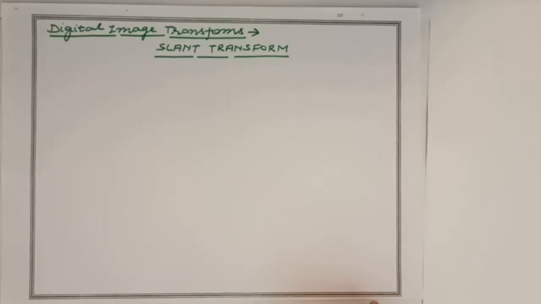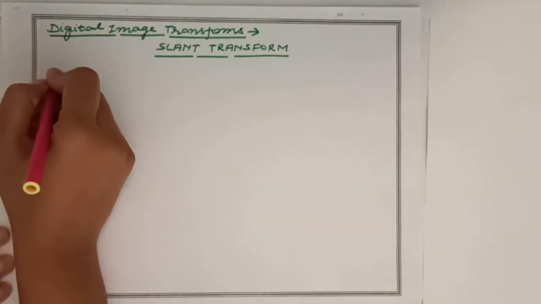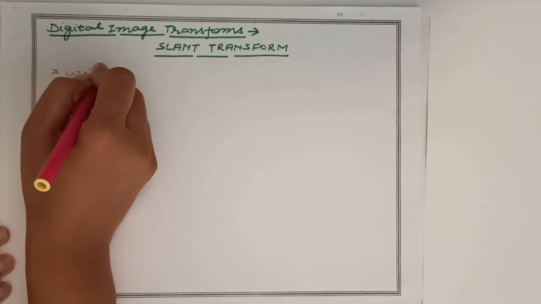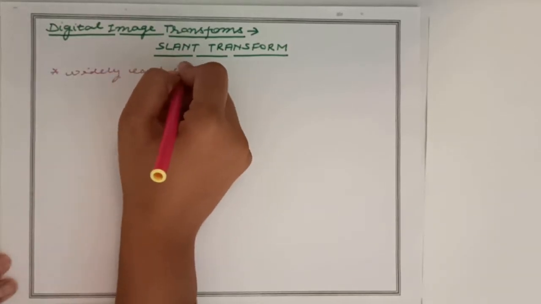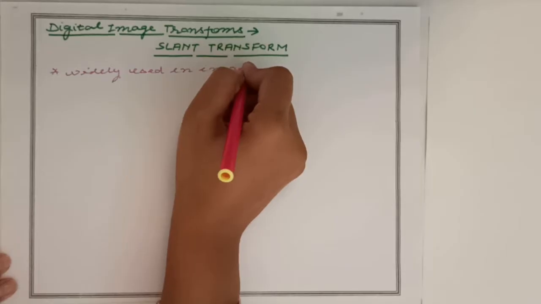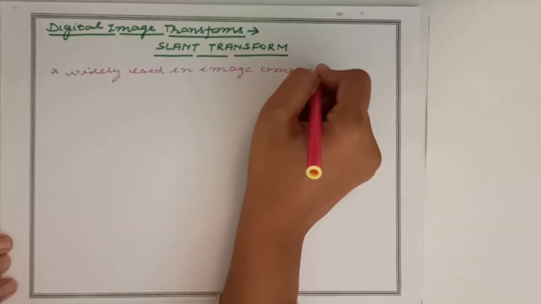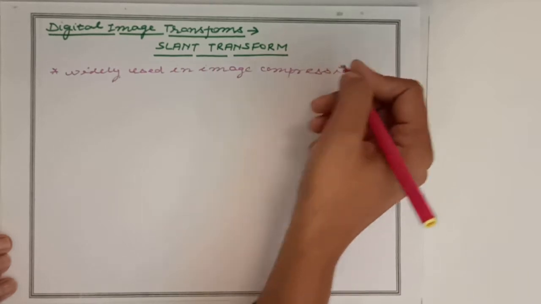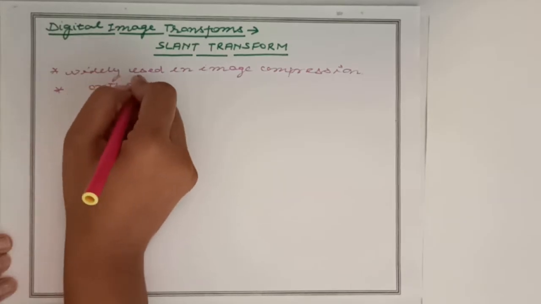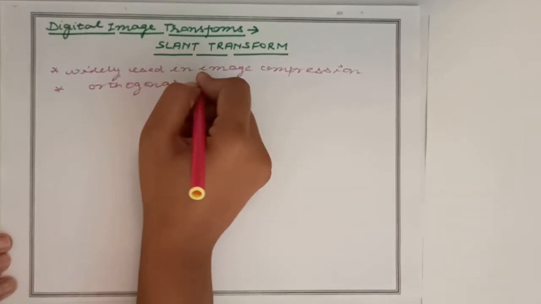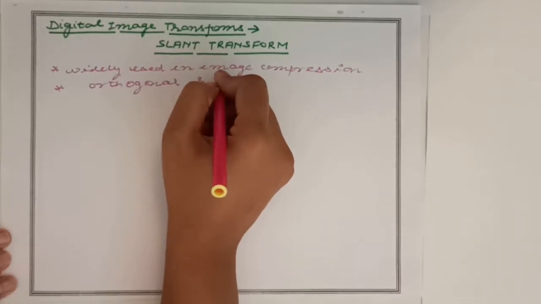Students, in this lecture you are going to study about slant transform, which is a type of digital image transform. You know that slant transform is widely used in image compression. This transform is orthogonal and it is very fast.